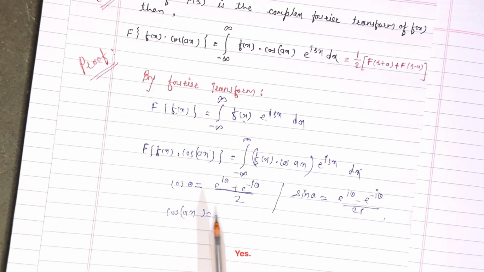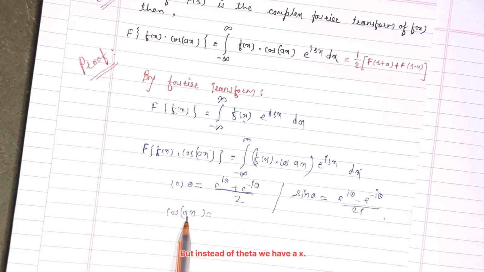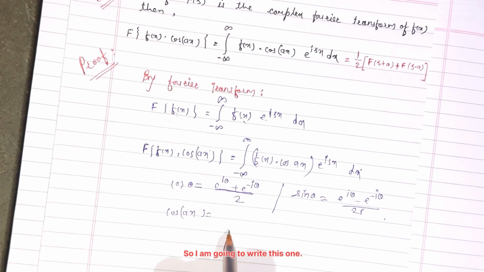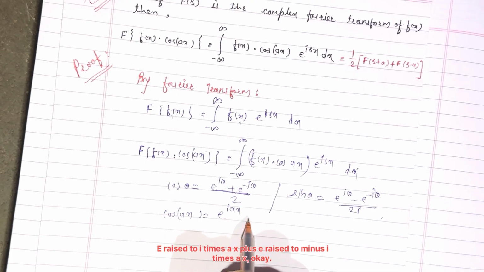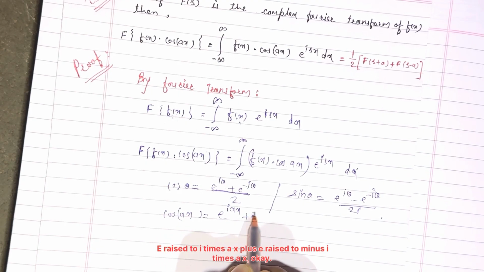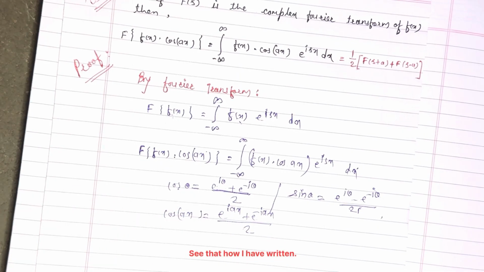Instead of theta we have ax, so wherever you get theta, replace it with ax. So cos ax is e raised to i times ax plus e raised to minus i times ax, divided by 2. See how I have written it. It is easier, guys. I replaced theta with ax only, so I formed this cos ax.